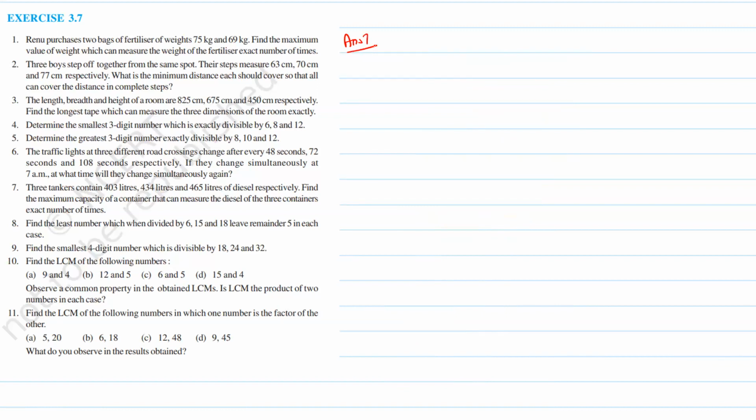3 tankers contain 403 liters, 434 liters, 465 liters of diesel respectively. Find the maximum capacity, that means you have to find the HCF. 403 can be written as 13 into 31. 434 can be written as 2 into 7 into 31. 465 can be written as 3 into 5 into 31.